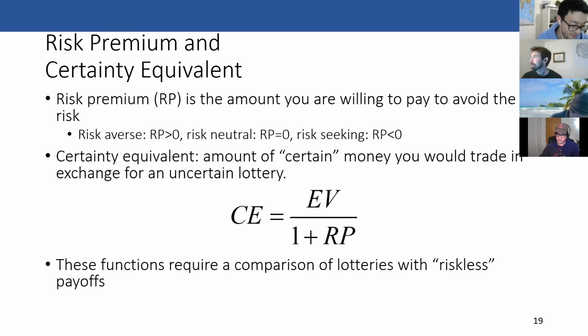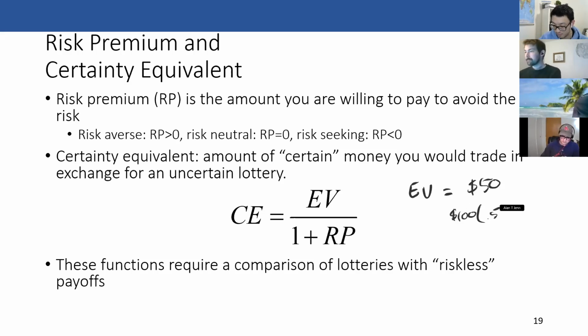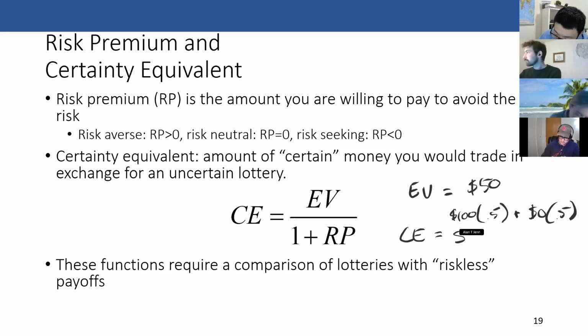So we'll go ahead and figure out these values for you. The expected value of the bet is $50, right? It's 100 times 0.5 plus 0 times 0.5. And then the certainty equivalent, say you decide to change your mind at $48.